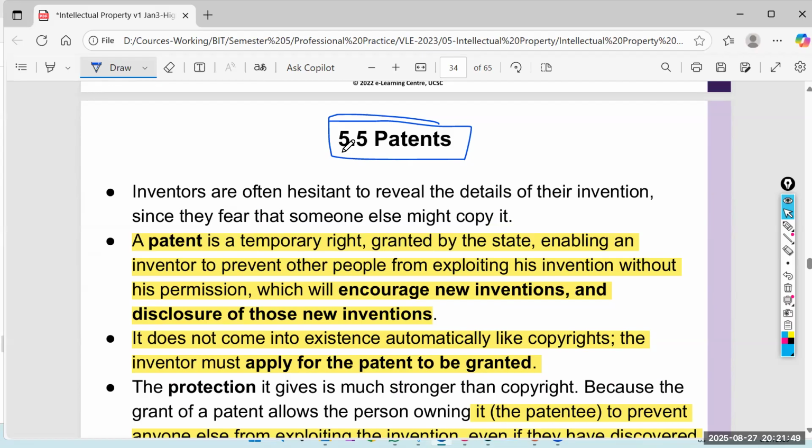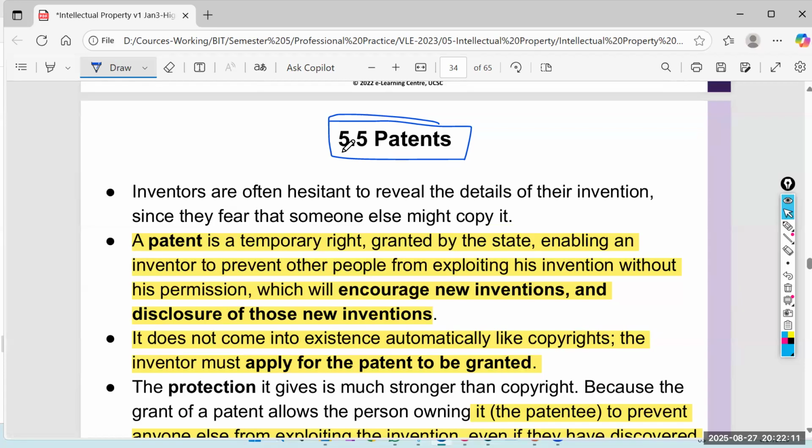Patents are given to innovative ideas, innovative designs, like inventions. Patents are to protect inventors, encourage inventors, and also encourage disclosure of the inventions.